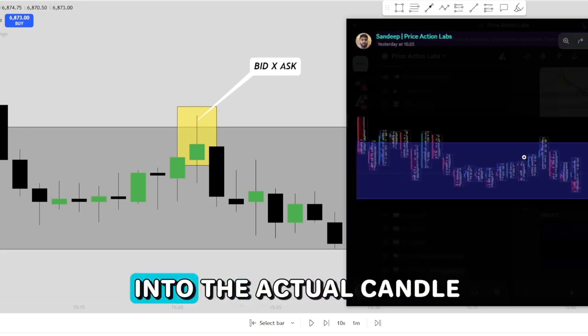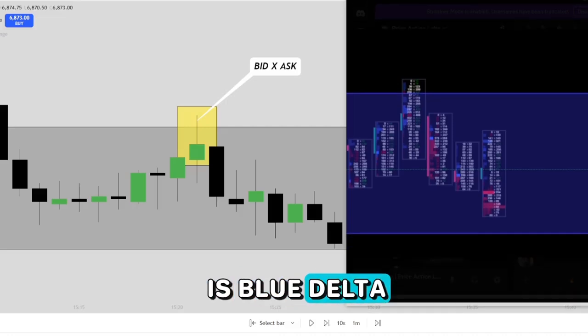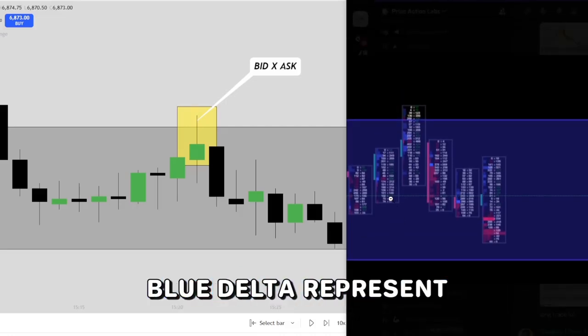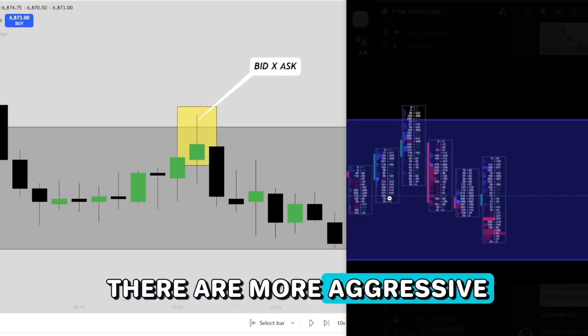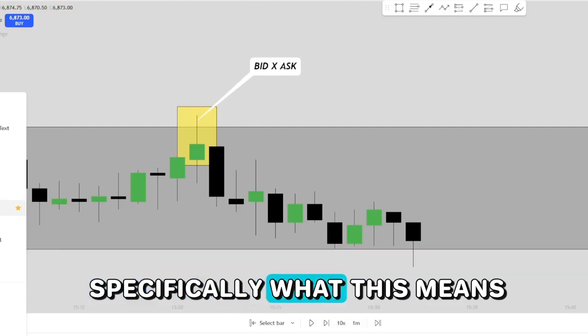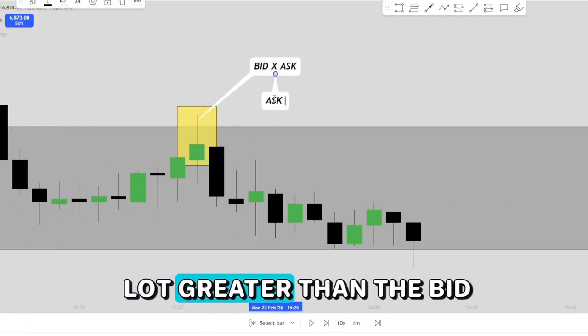Now, when we zoom into the actual candle, what it shows us is blue delta. What does this blue delta represent? This blue delta represents the fact that there are more aggressive buy orders than sell orders. Specifically, what this means is that the ask is a lot greater than the bid.